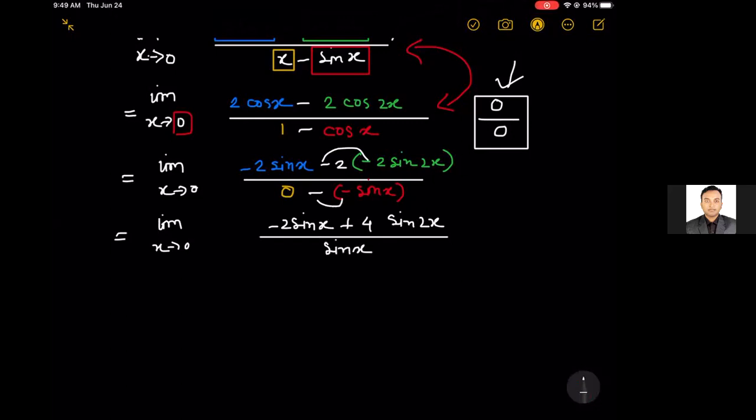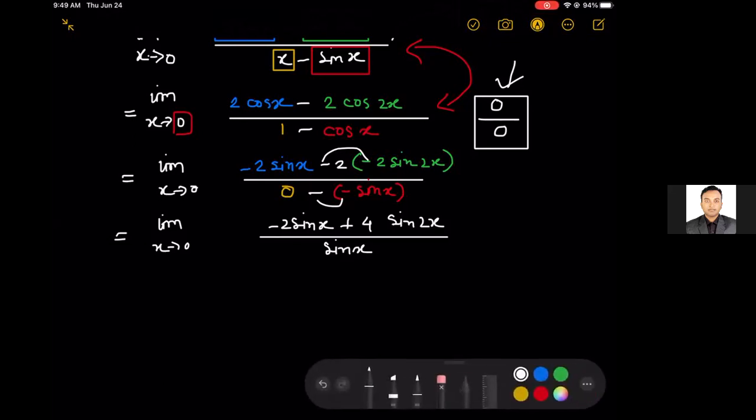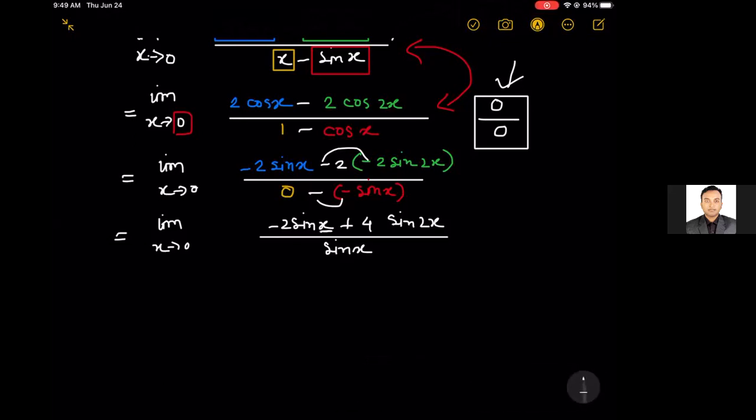Okay. Now we want to see if we plug in x equals 0, whether we have got rid of that 0 over 0 scenario or not. We want to check that. Okay. And now if we plug in x equals 0, this will be 0 because sine 0 is 0.